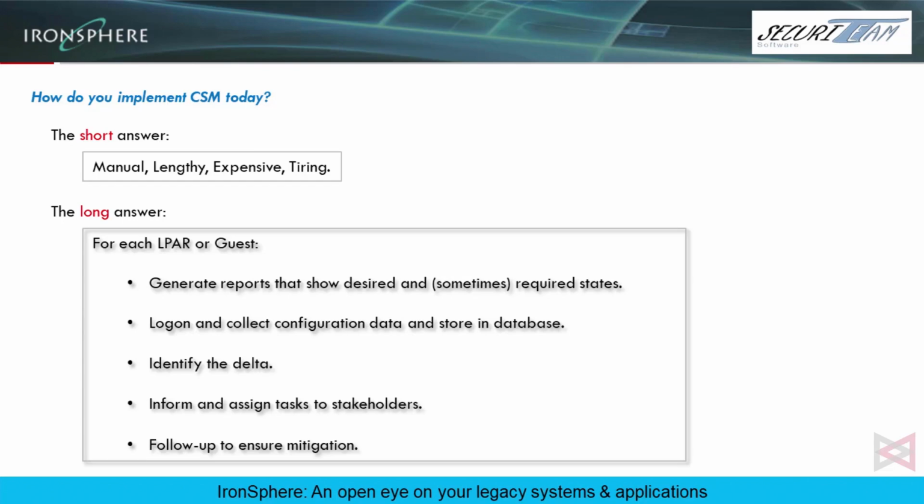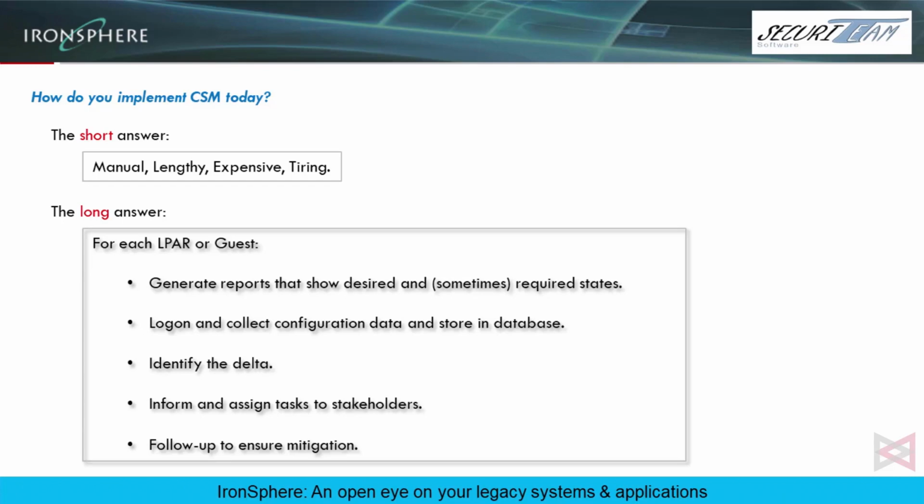Assuming that you do implement CSM, the use of these tools requires computer resources to collect the information and save it into a database. Remember, these products are limited to a single image, so you should run them on each image separately, consuming CPU resources, saving into a database.